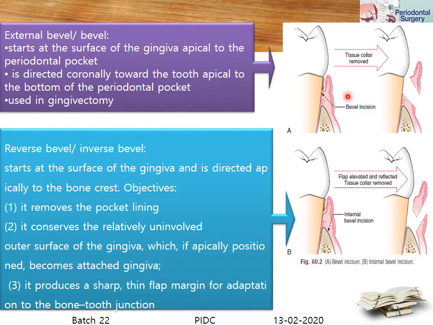You can see that we are placing it at the surface of the gingiva apical to the periodontal pocket. We are removing the soft tissue from this. This is mainly done in gingivectomy.